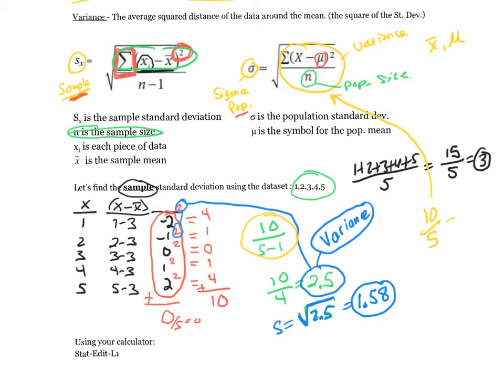So 10 divided by 5 would be 2. Now I haven't taken the square root yet, so this 2 would be the population variance. And to get it to the standard deviation, I would have to take the square root of 2, which is 1.41.